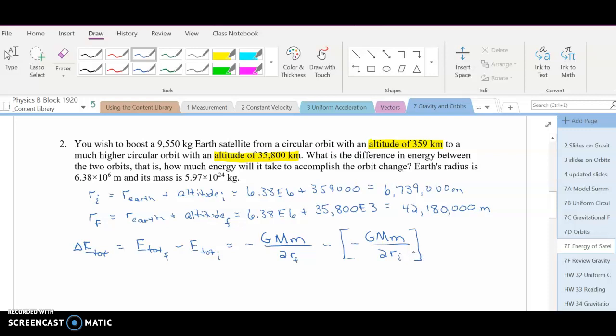So I'm going to just factor out the stuff that's in common here. The negative GM, I should have, I'm sorry, brought my G here to include both masses. I can factor all that out, and it makes the math just a little bit easier. So it's going to be negative G times the product of the masses over 2 times 1 over the final orbital radius minus 1 over the initial orbital radius.